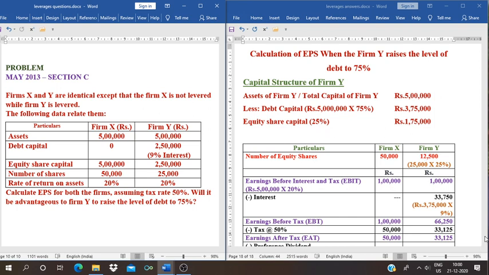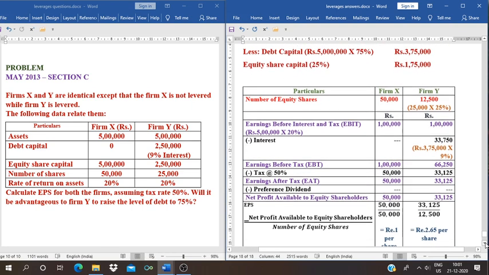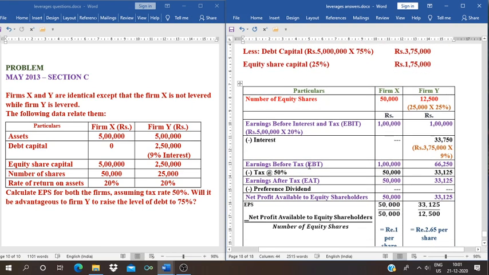Now we are going to calculate the EPS. Now see here, number of equity shares first we need to write. There is no change for the firm X. There is no change or there is no difference for the firm X because there is no debt capital, only equity share capital.